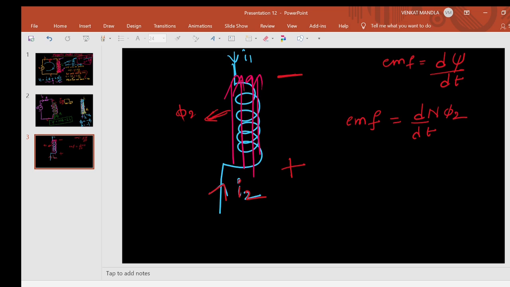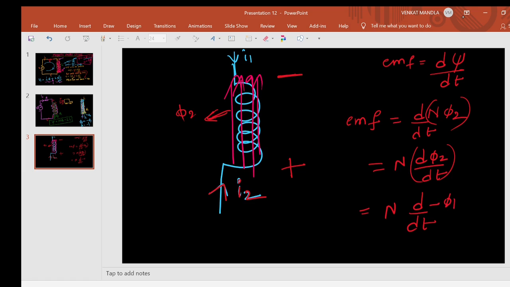This is psi 2, the induced flux, and that equals n d phi 2 by dt, right? And this phi 2 is exactly equal to minus phi 1, which I already told you, so that equals minus n d by dt of phi 1.